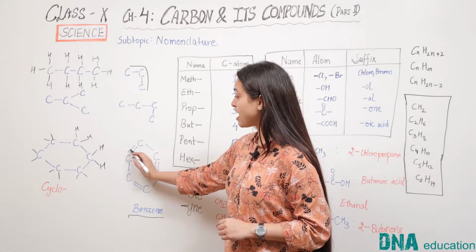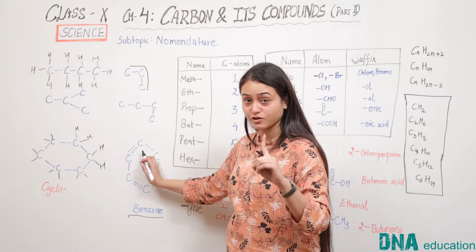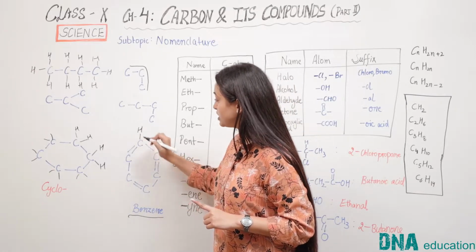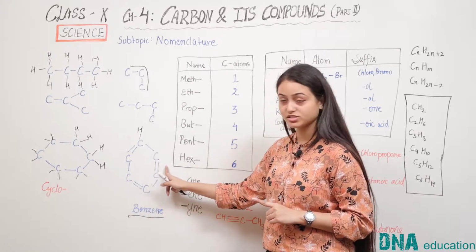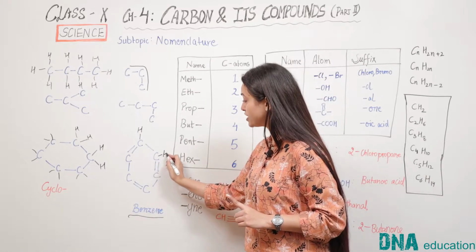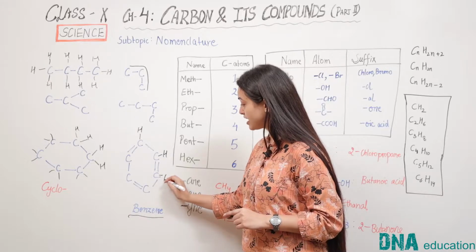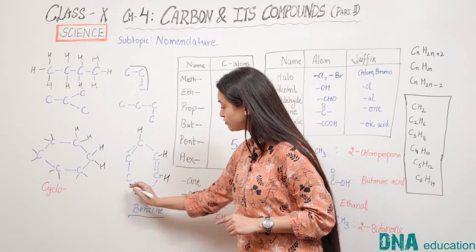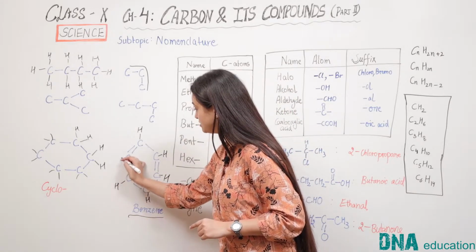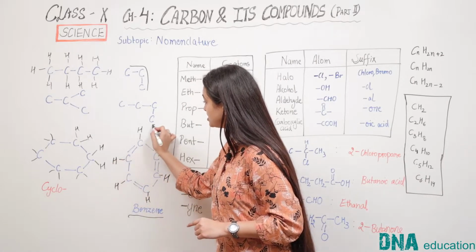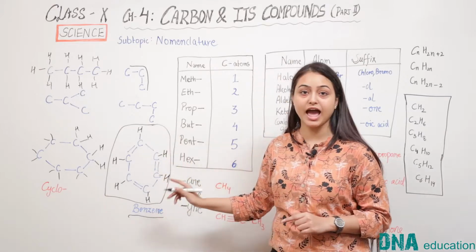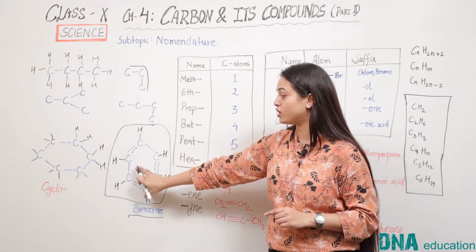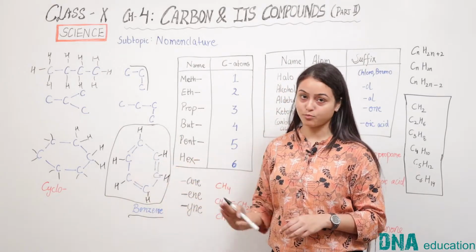In this carbon we have 3 bonds, so we need just 1 more bond. So there can be only 1 hydrogen. Similarly, this carbon is again having 3 bonds in all and we need only 1 more hydrogen. Same is the case here and with each of the carbons in benzene. So this becomes the basic structure of benzene, and it is peculiar because of the alternate double and single bonds.